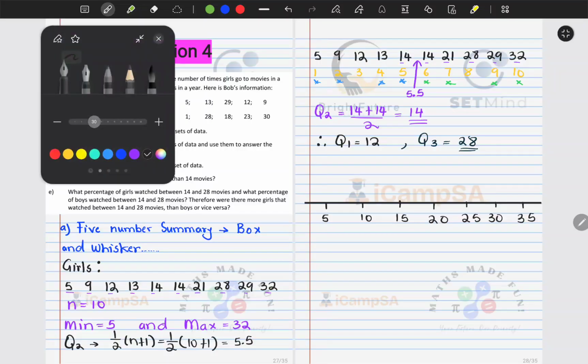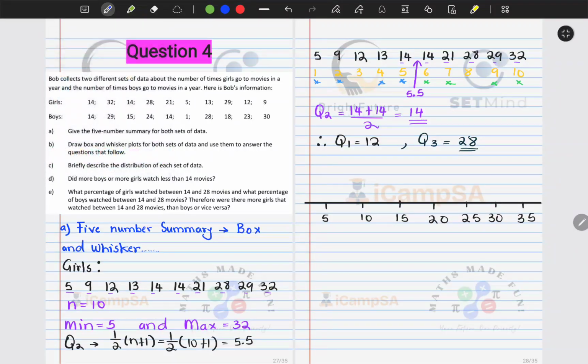Okay. Now let's go ahead and plot girls. So the minimum is at 5. Okay. And then Q1 is at 12. So that is just after 10, but before 15. So let's put our 12 to be somewhere there.